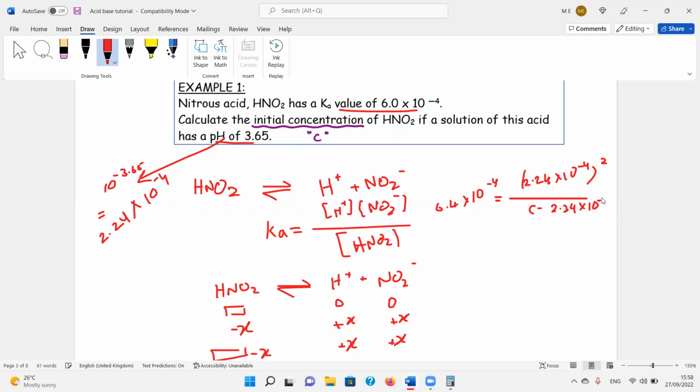So basically, all we need to do is a cross multiplication and find the value of X, the value of C in this case.